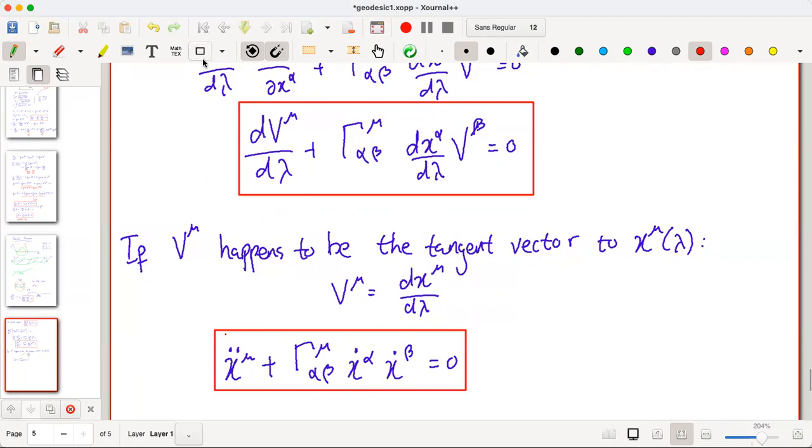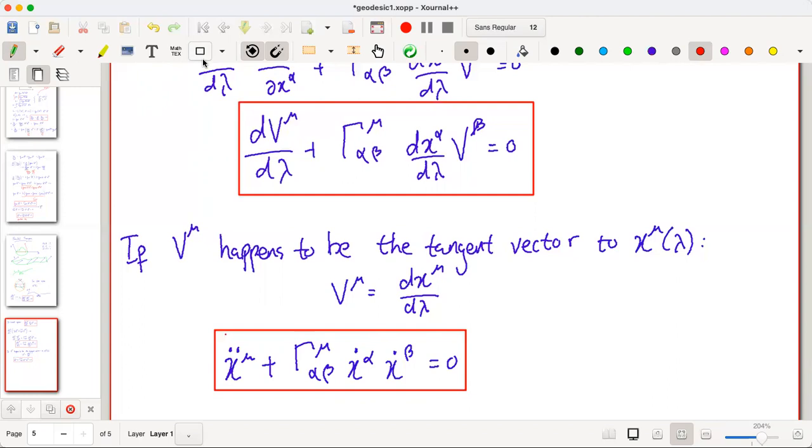It tells us that if you have a tangent vector to a curve and you want to transport it along that curve, that can happen if the curve you pick is the geodesic curve.